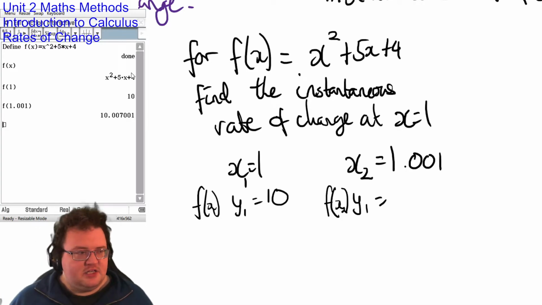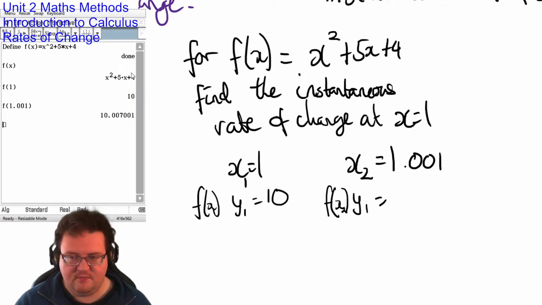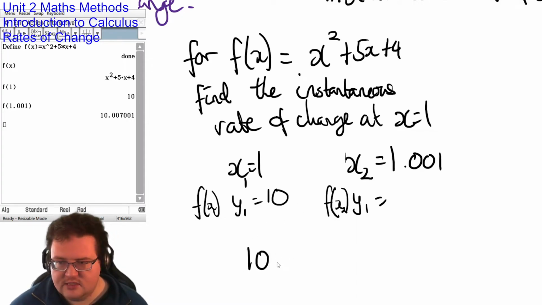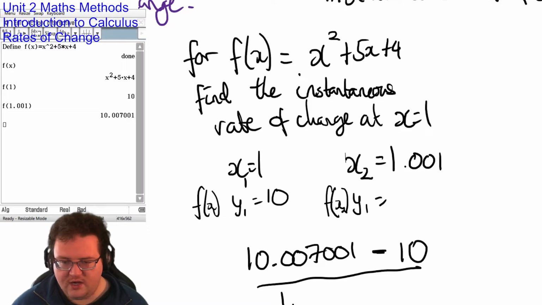So what I now need to do is use my formula from above. F of b minus f of a divided by b minus a. So it's going to be 10.007001 minus 10, which is our original value, divided by 1.001 minus 1.